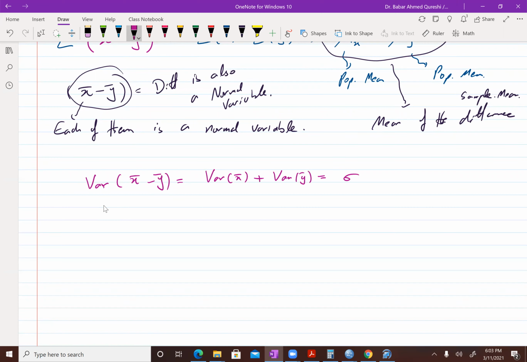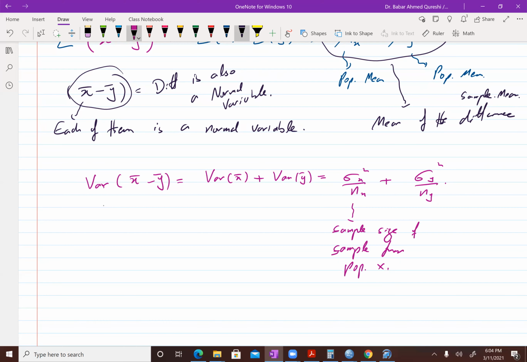And I know that these variances are sigma x squared over nx plus sigma y squared over ny, where sigma x is the standard deviation of the population x, sigma y is the standard deviation of the population y, and nx is the sample size of the sample from population x, and similarly for ny.